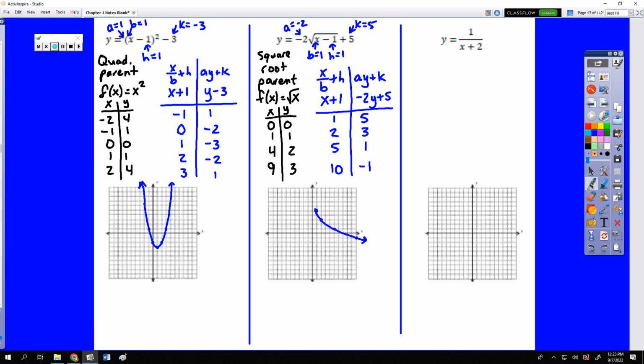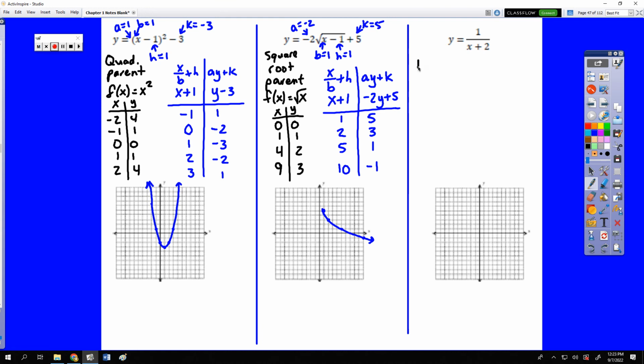Okay, one more example, and that example is a reciprocal parent. Remember that that is the graph f of x equals 1 over x. That has the two asymptotes and the corners in the table. That's the parent table for our reciprocal function.